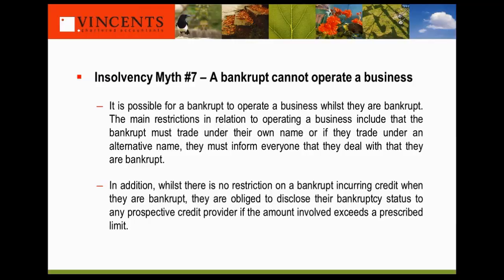Again, if they fail to do that and the bankruptcy trustee is made aware of that, they report that offence to the Australian Financial Securities Authority, who then considers prosecution against the bankrupt.